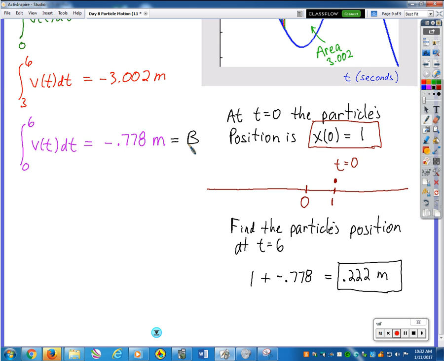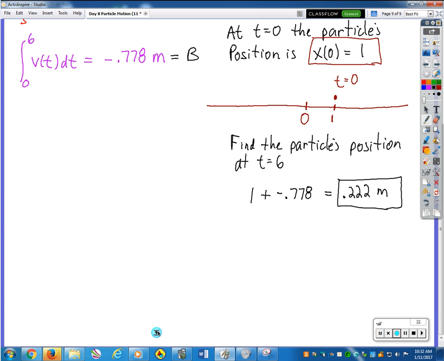If it was asking for the particle's position at t equals 3, then would you do 1 plus 3.224? Nice. Here's another way I've seen the question asked, Sarah. They'll say, if x of 0, the position at time 0, is 1, find x of 3.